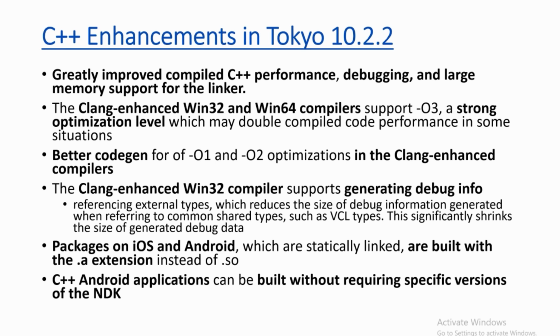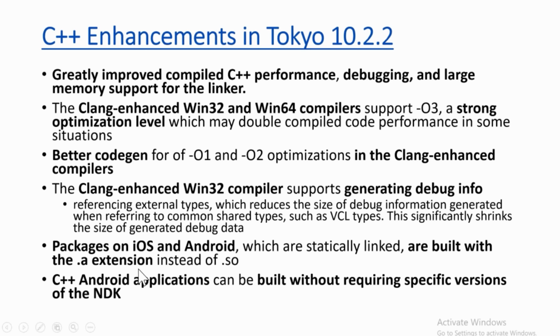The Clang enhanced Windows 32 and Windows 64-bit compilers now have a strong optimization level, which you will see may double the compiled code performance in many situations. You have better code gen in the Clang enhanced compilers. The Clang enhanced Windows 32-bit compiler now generates debug info, so it did not do that before.